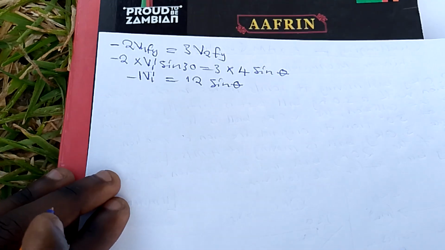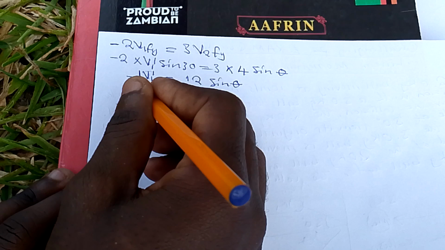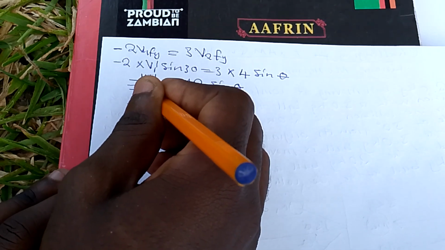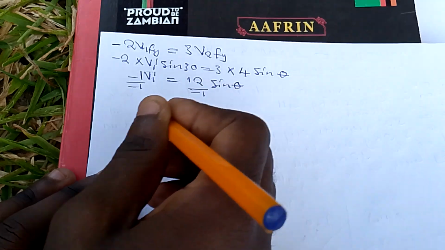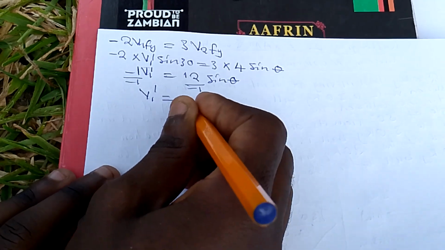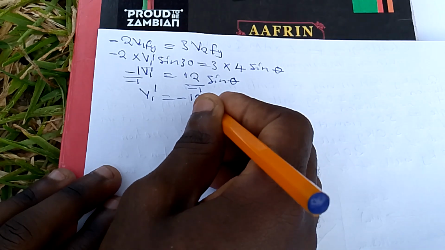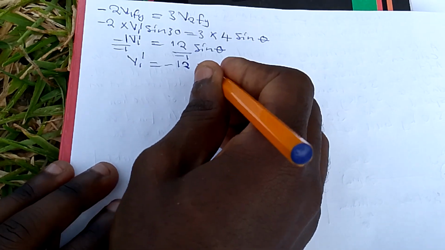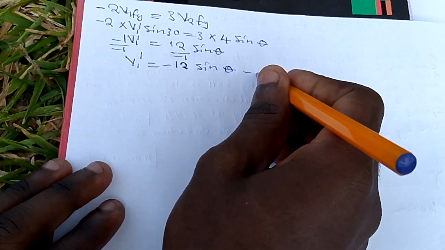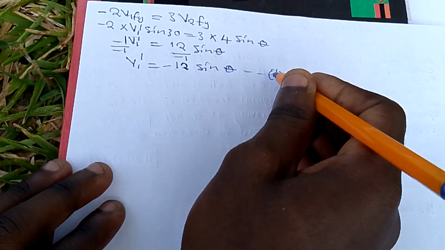theta. So here you can get rid of the negative by dividing both sides by negative 1. So we remain with V1 prime equals to negative 12 sine theta. So this is our second equation.